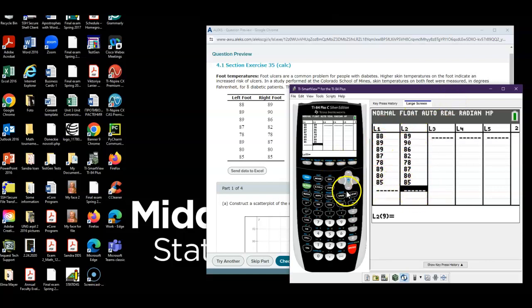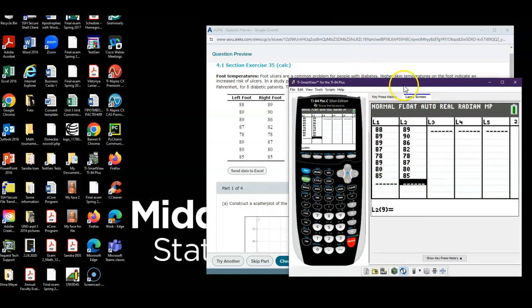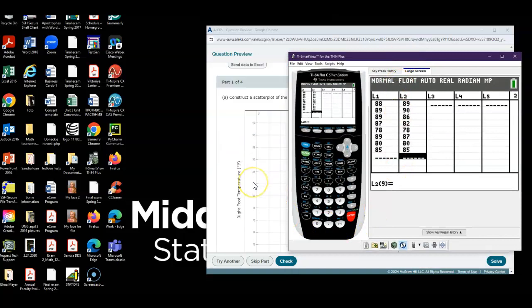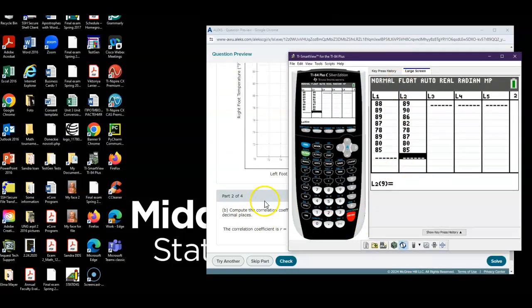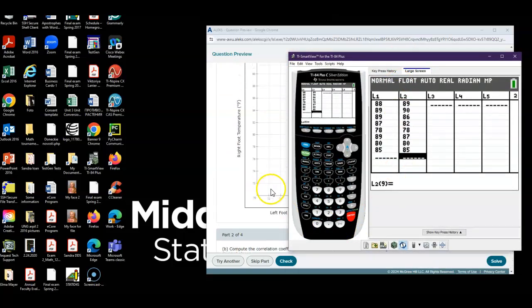Once we're done, we need to know the correlation coefficient. Sometimes you have even more questions, such as plotting the points on the calculator. But first, let's do the correlation coefficient.